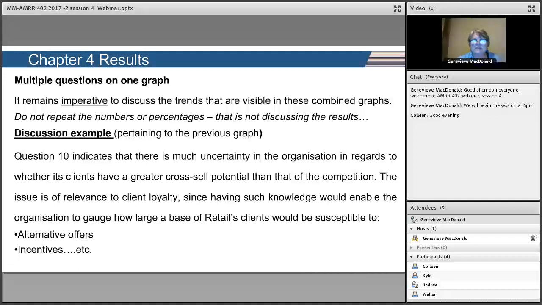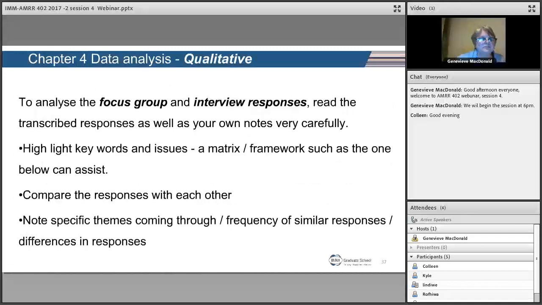Question 10, say for instance, indicates that there's much uncertainty in the organization in regards to whether its clients have a greater cross-sell potential than the competition, and so on and so on. So then you can actually come to some conclusions in that particular objective.